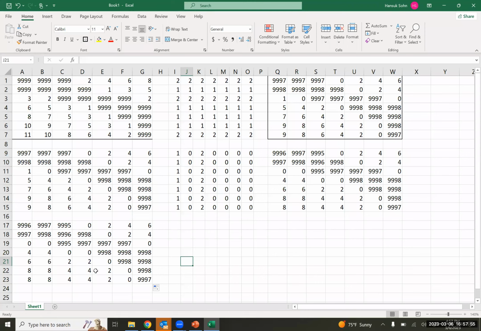So how many lines do we need? But remember, we need to identify the minimum number of lines, right? Of course, with 7 lines, you can cover every zero in this cost matrix. But we do need to find the minimum number of lines.